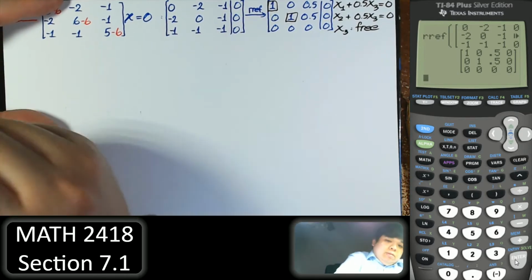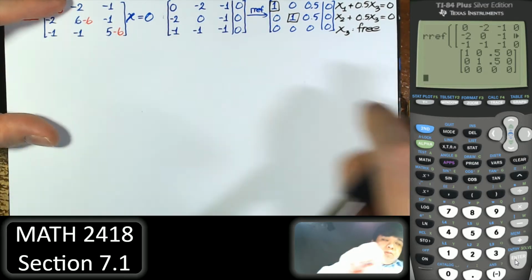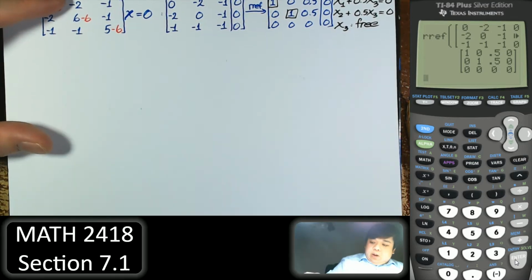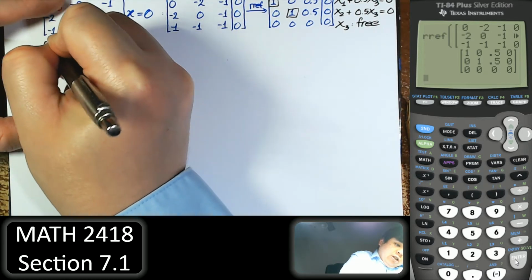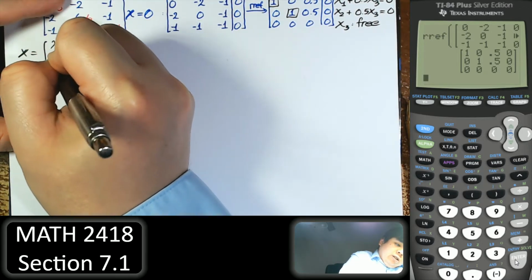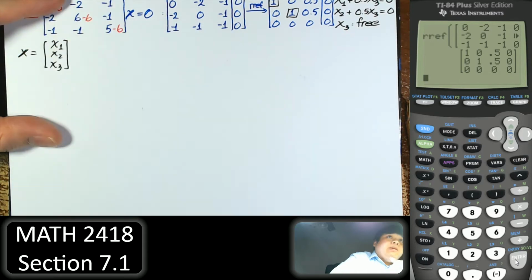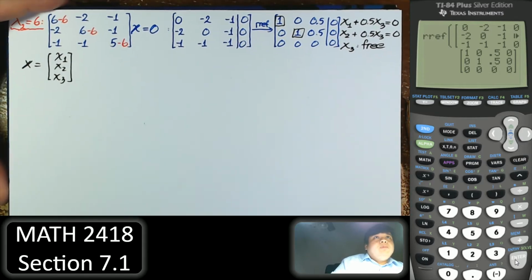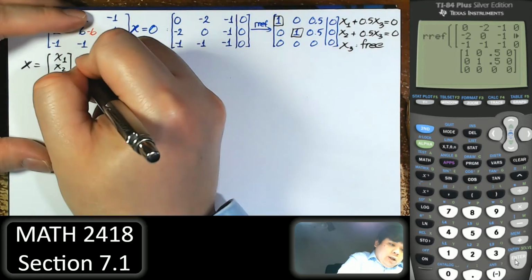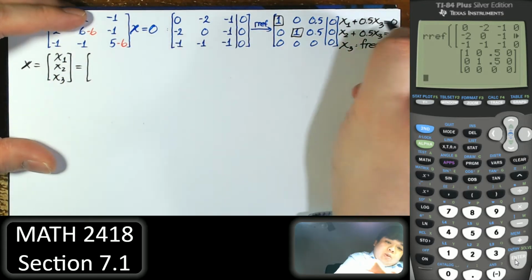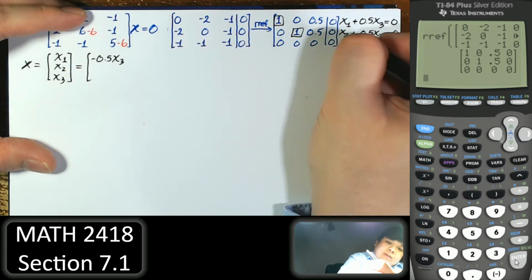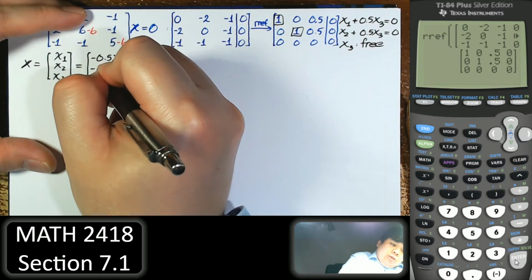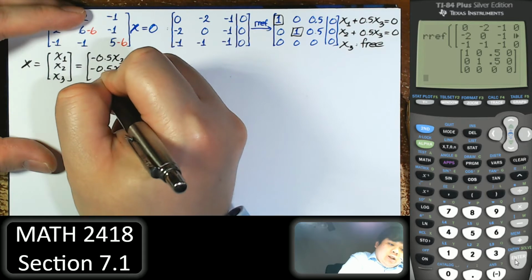Right. So with that, we can write the solution as x is x1, x2, x3, equal to x1 is -0.5 x3, x2 is -0.5 x3, and x3 is x3.